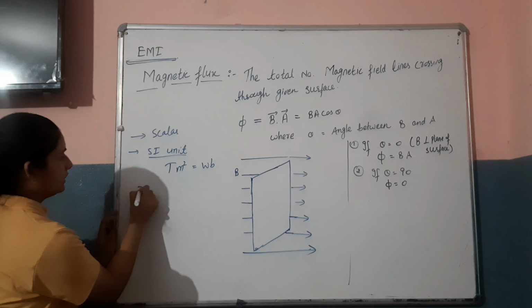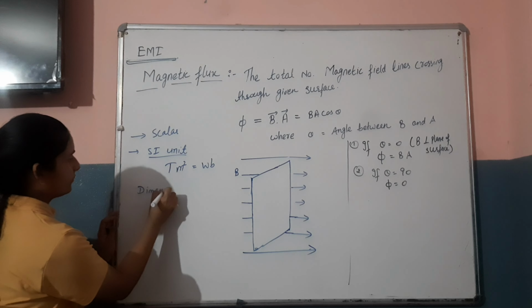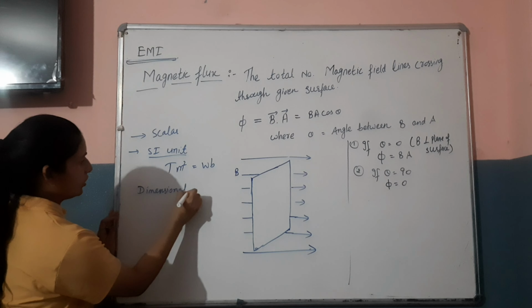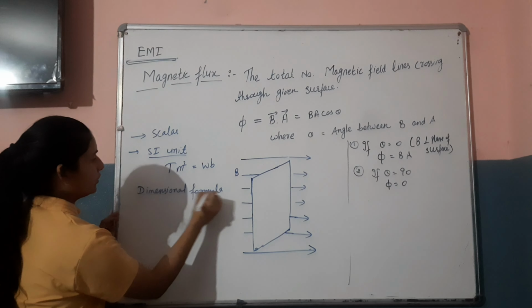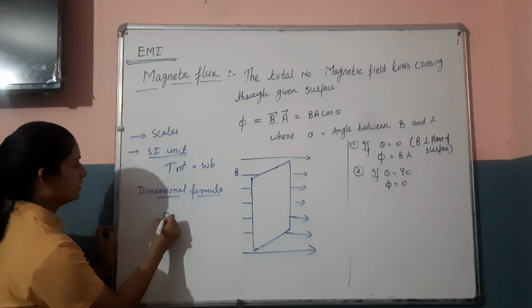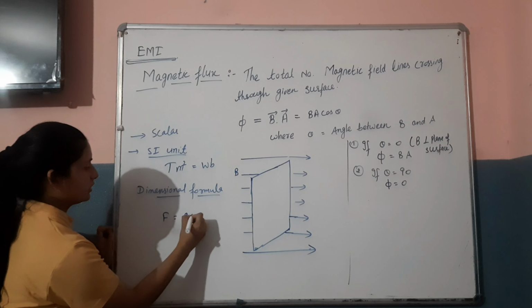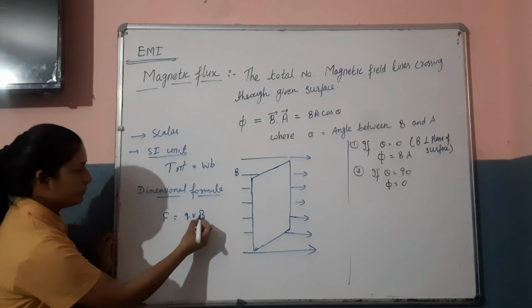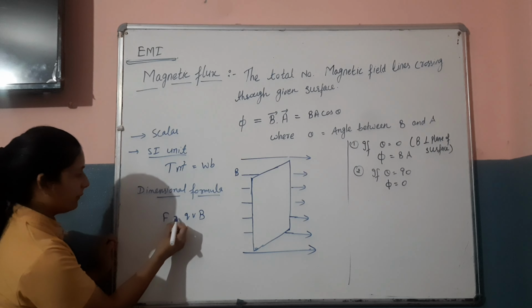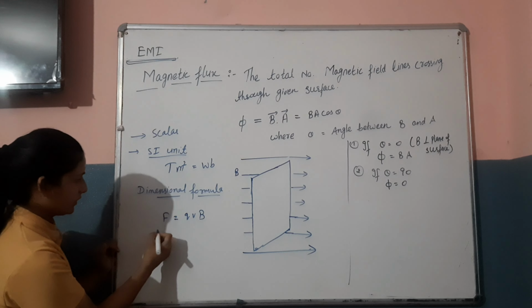But how to calculate the dimensional formula of magnetic flux? To calculate the dimensional formula, we have to know the dimensional formula of B. So there is a relation in which magnetic field B is involved. Write the dimensional formula of all the terms.